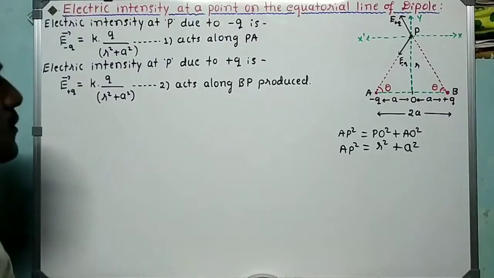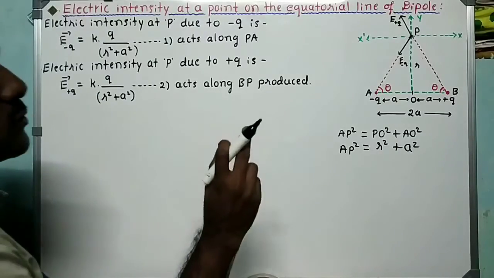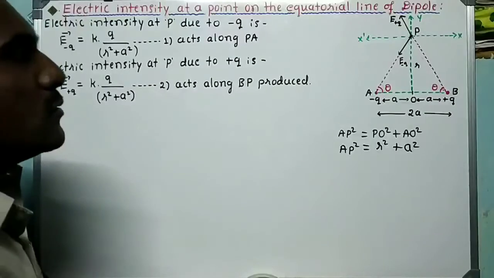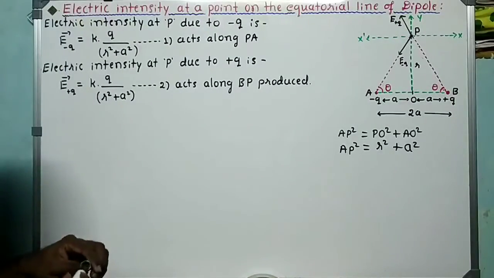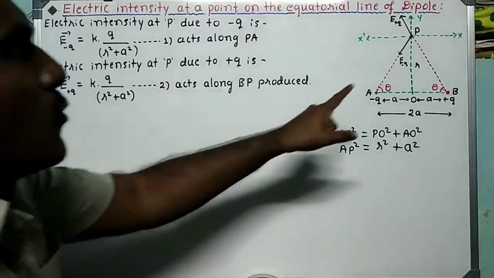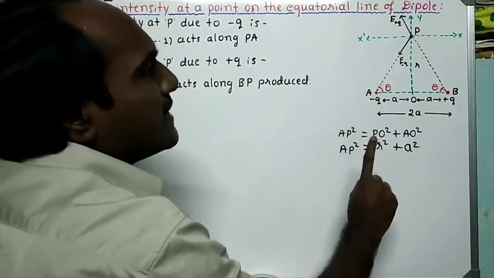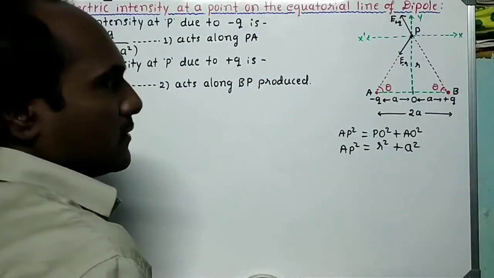Now, what is the total electric intensity at a point P due to negative charge and positive charge, that is due to the whole dipole? That we are going to calculate. From this diagram, you should know that electric intensity is a vector quantity. Keep it in mind.